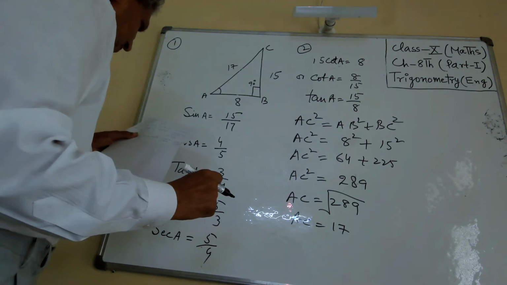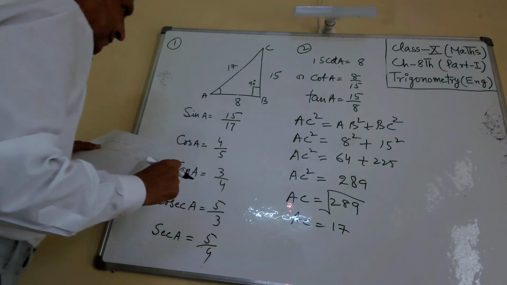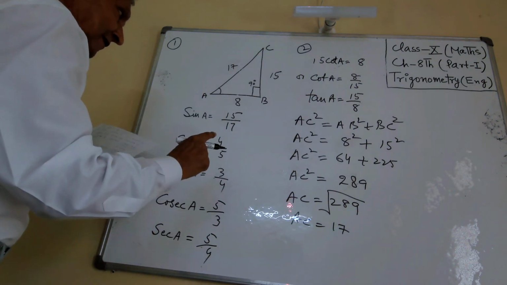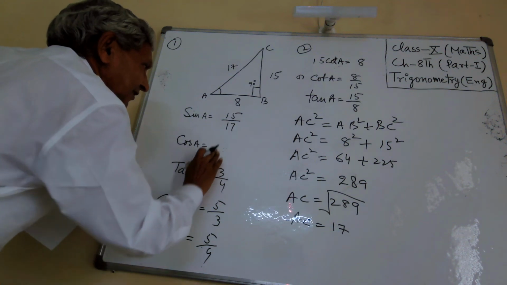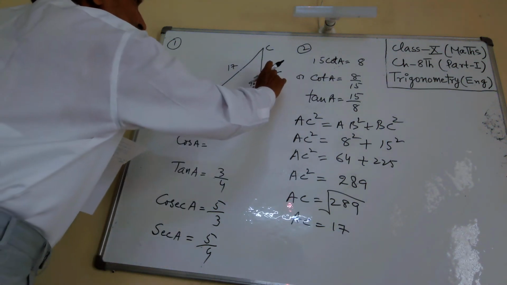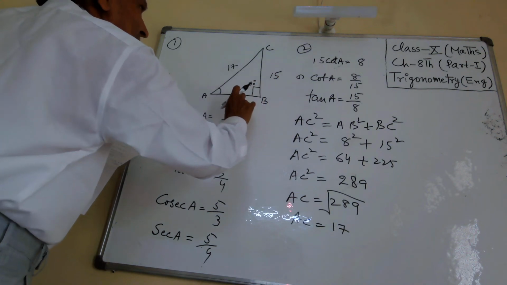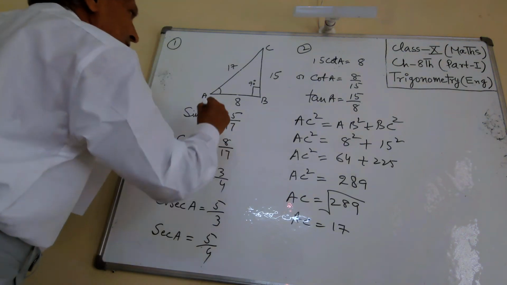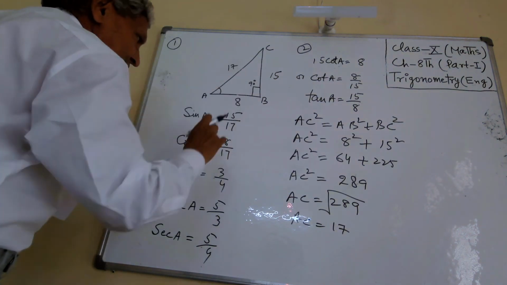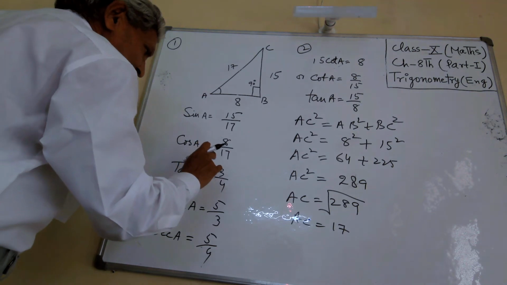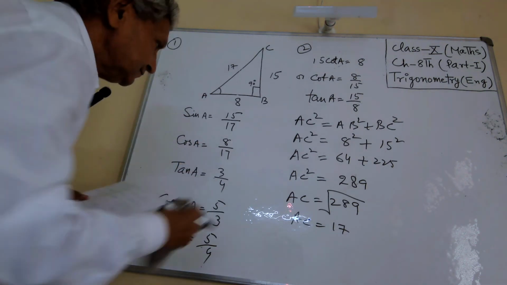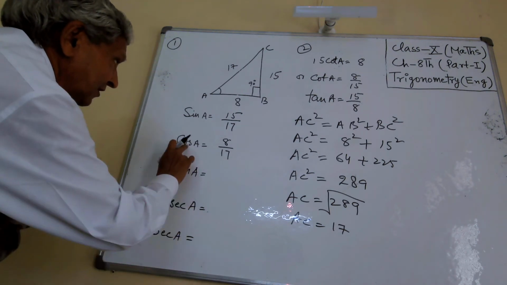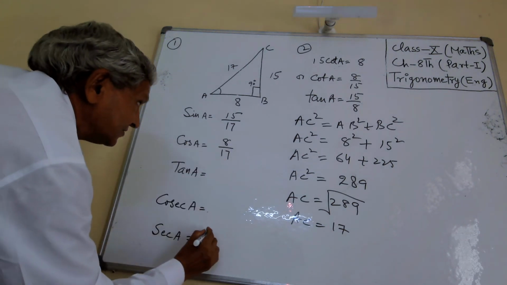And you have to find out another identity, sec A. We want to find out the value of sec A, but first of all, find out cos A. Here, cos A is 8 upon 17. What is cos? Base upon hypotenuse. And what is the value of sec A? This cos A is 8 by 17, so sec A is 17 by 8.